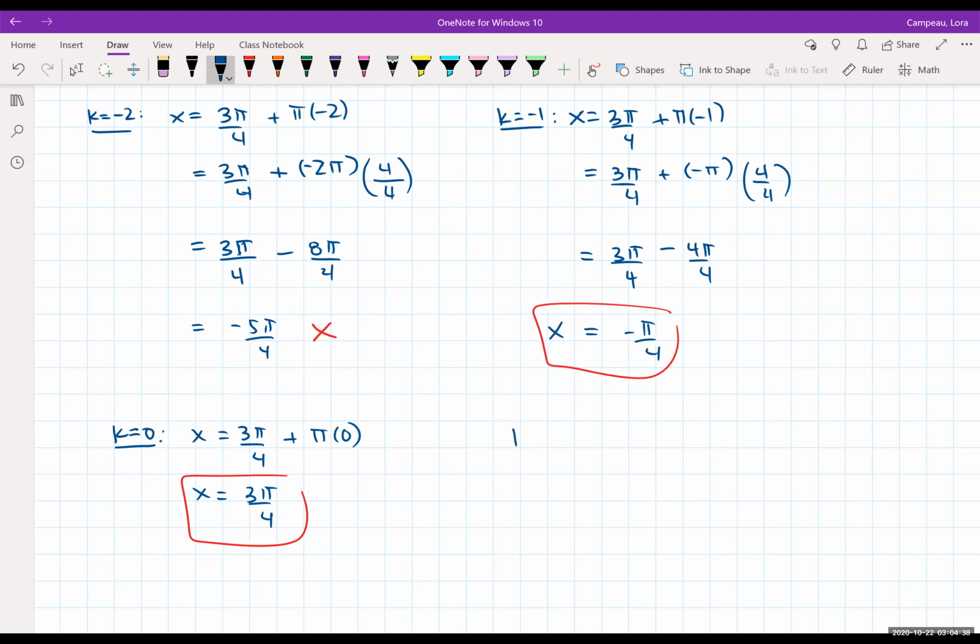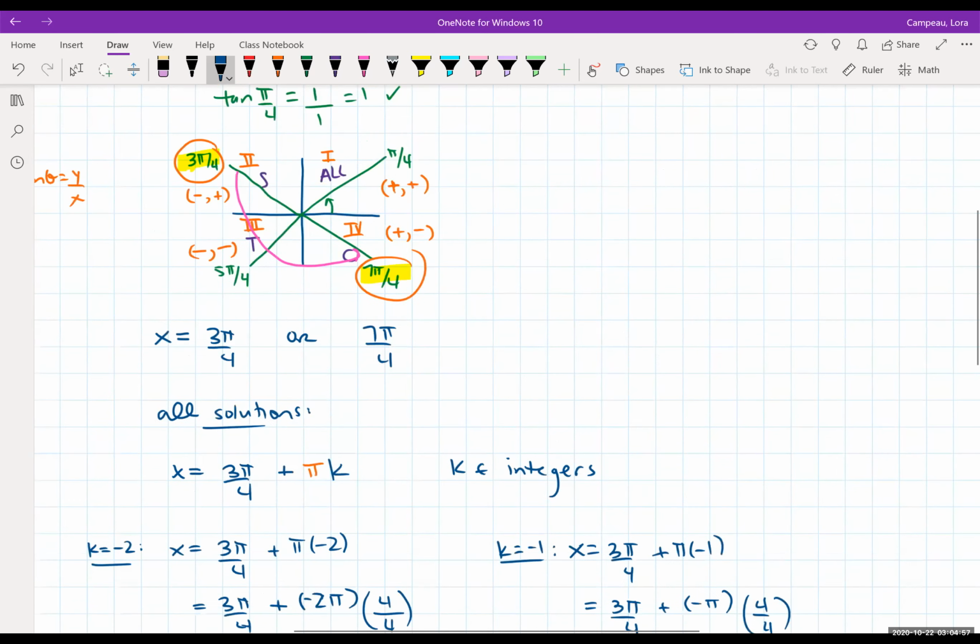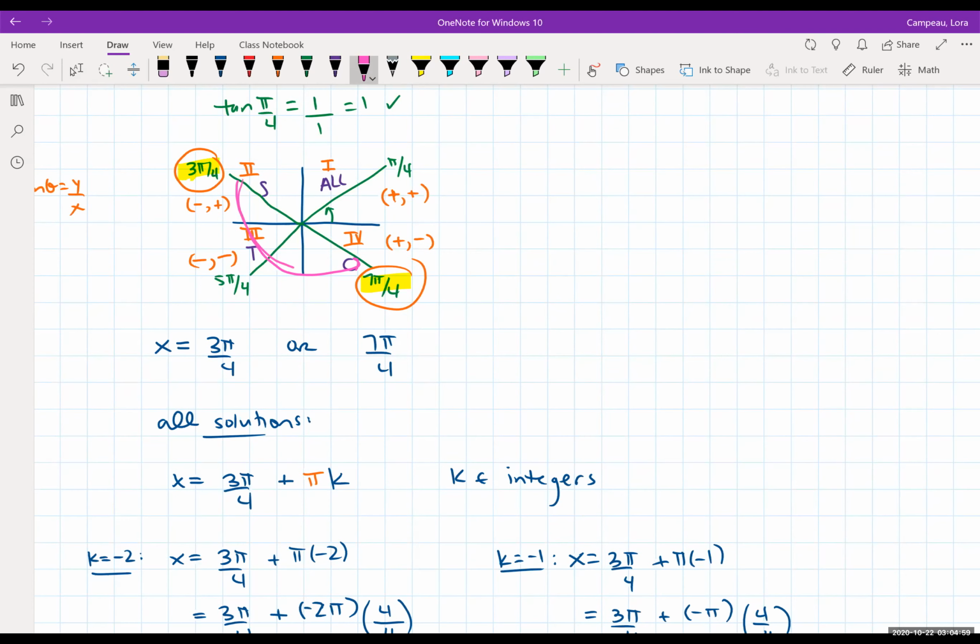And then go a little further. K equals 1. X equals 3 pi over 4 plus pi times 1. And you probably already guessed this. If you're adding just pi, you don't really have to do the fraction math, but you can. We are hitting the 7 pi over 4.